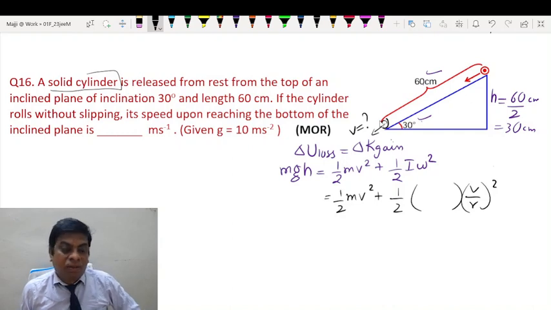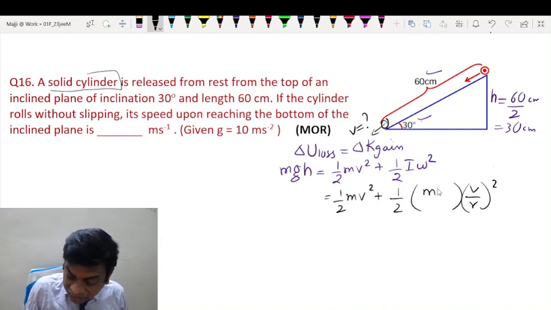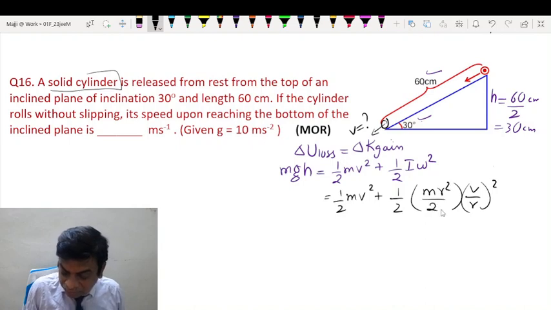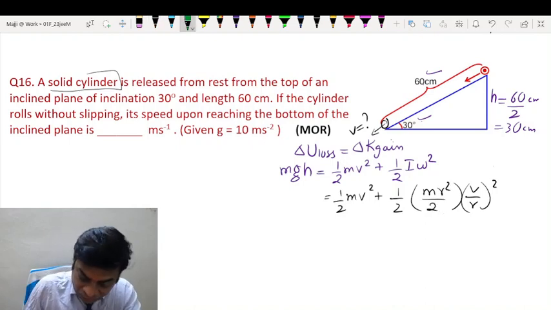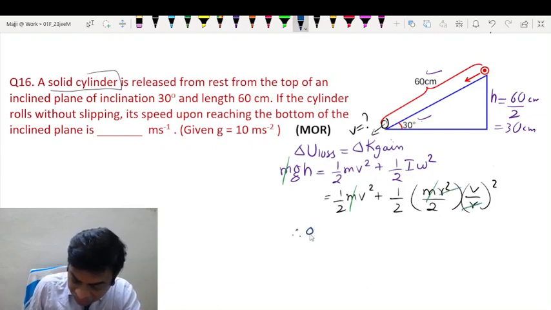So, moment of inertia of a solid cylinder, which is just like a disc, about its own axis is mr square by 2. So, therefore, r square gets cancelled here, and we are left with gh is equal to 3 by 4 v square.